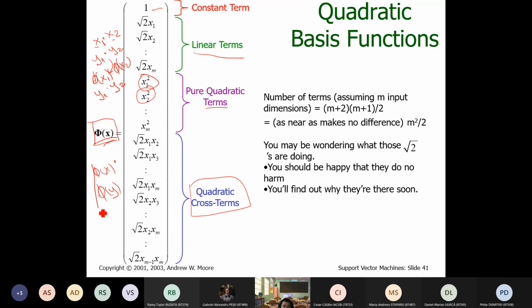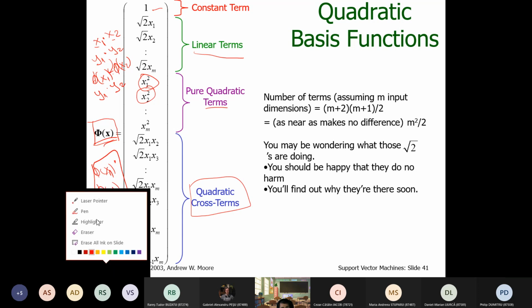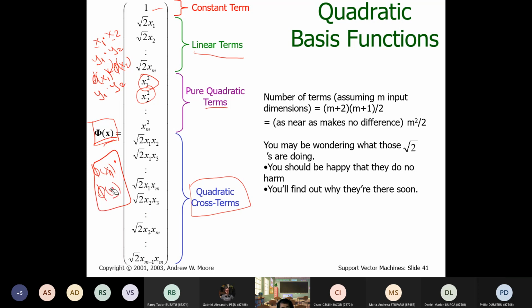So we will need to do this computation, phi of x multiplied by phi of y. So we need to do this product.